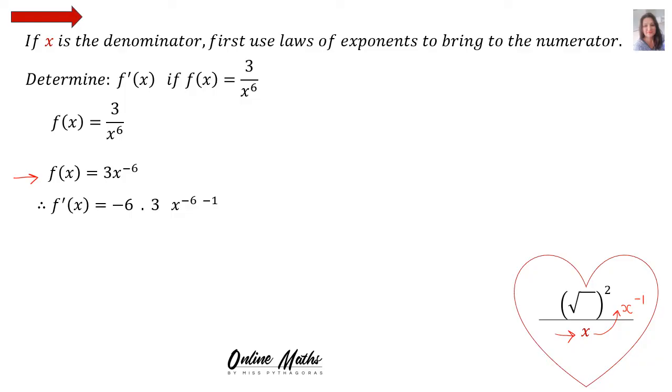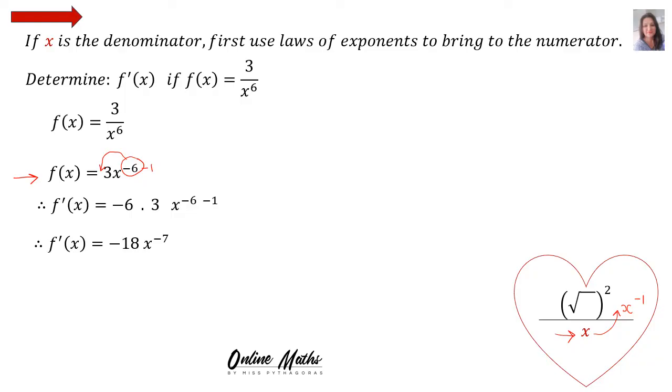Then, to find the derivative, you will take the exponent, minus 6. It moves to the front. It finds 3 and it will multiply with the 3. So minus 6 times 3, and then you go back to the exponent and you subtract 1. Therefore, minus 6 times 3 is negative 18, x to the minus 7.